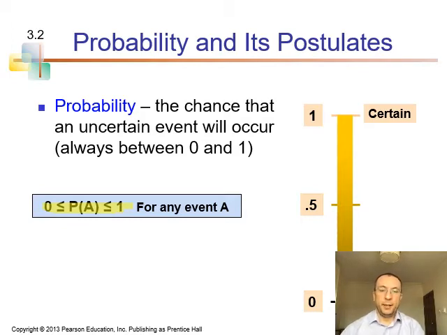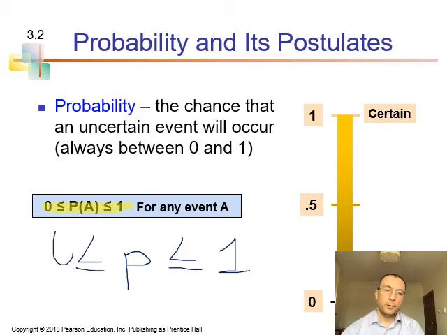So the very fundamental thing that you should know about probability, let's say P, is that the number is always between 1 and 0, and both of them are included. If it is 0, that means impossible. If it is 1, that means certain.